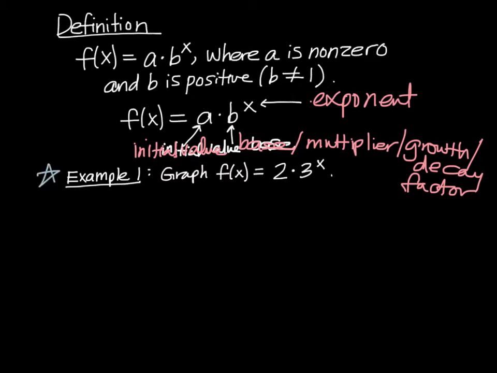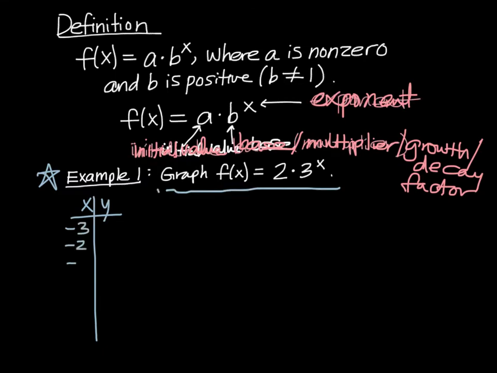Example 1 says graph f of x equals 2 times 3 to the x power. A good way to get started on this is to make a table. I'm going to make the table go from negative 3 to 3. It's a good place to start when x is 0, because that is the initial value.